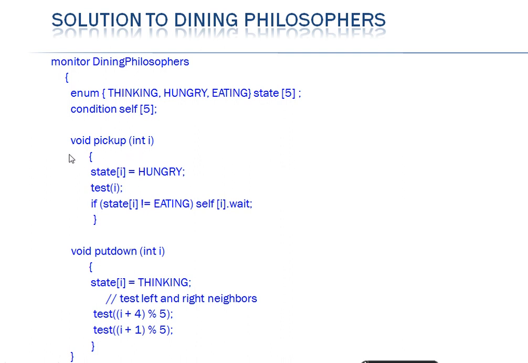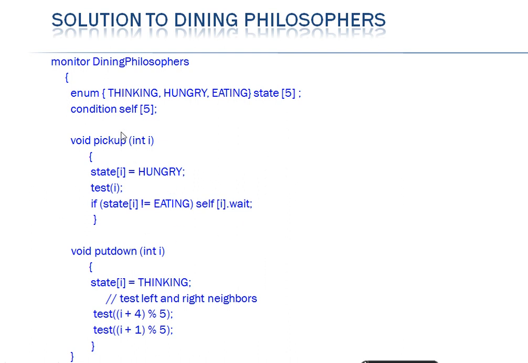So here we have the structure of this pickup operation. Void pickup (int i), where i may take any number. Then state of i, where i indicates the philosopher. If one of the philosophers is hungry, its state is hungry, then we put test over i, and if state is not eating, then self of i dot wait.